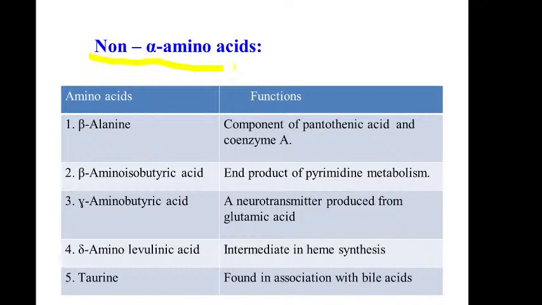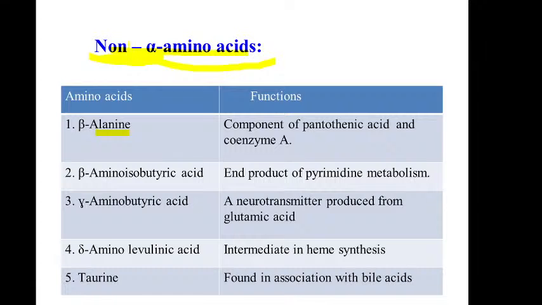So these are non-alpha amino acids. Now what is basically this non-alpha? We have beta-alanine, beta-aminoisobutyric acid, gamma-aminobutyric acid, which is GABA, then delta-aminolevulinic acid, taurine. They all have some functions.